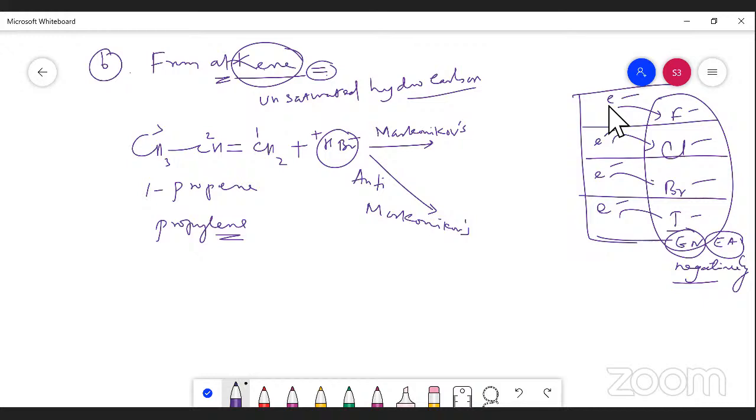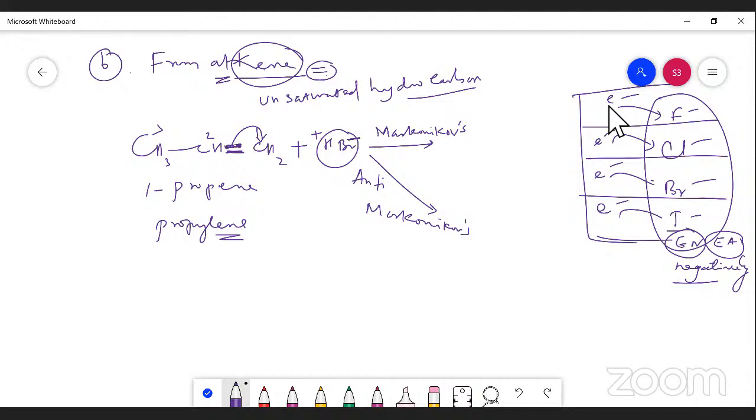Here this becomes minus. This negative species will approach. Now this double bond can also shift over. One carbon becomes positively charged as the bond, which is a pair of electrons, shifts toward the other carbon.